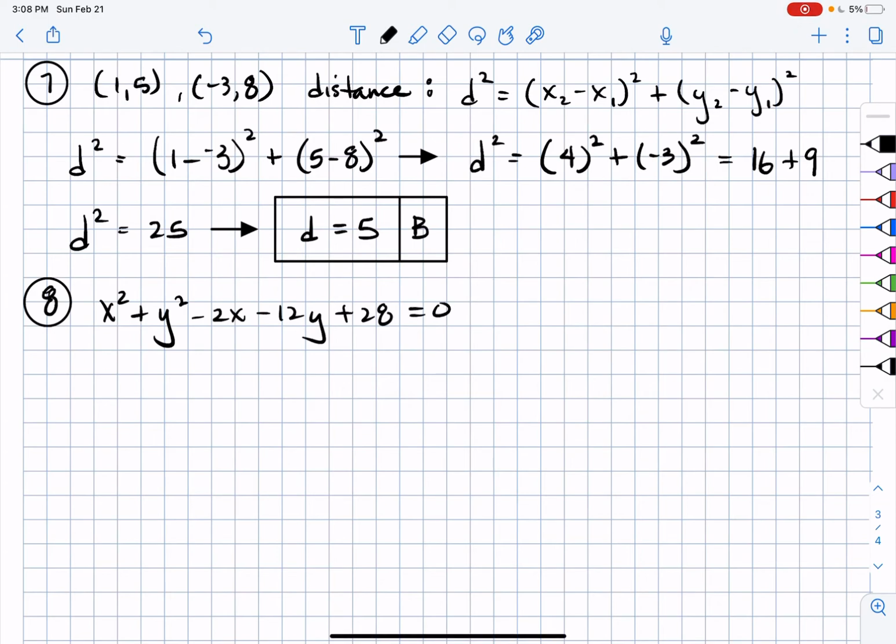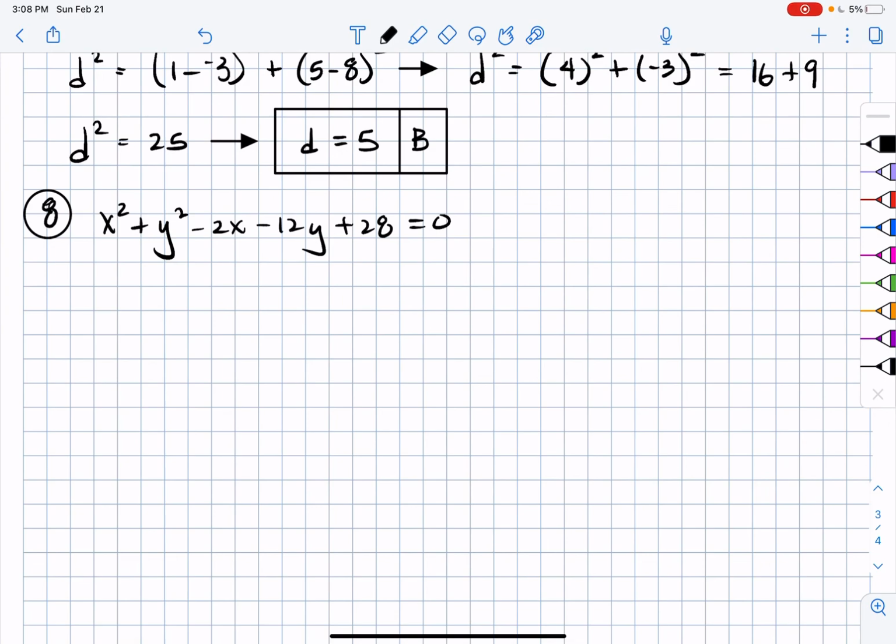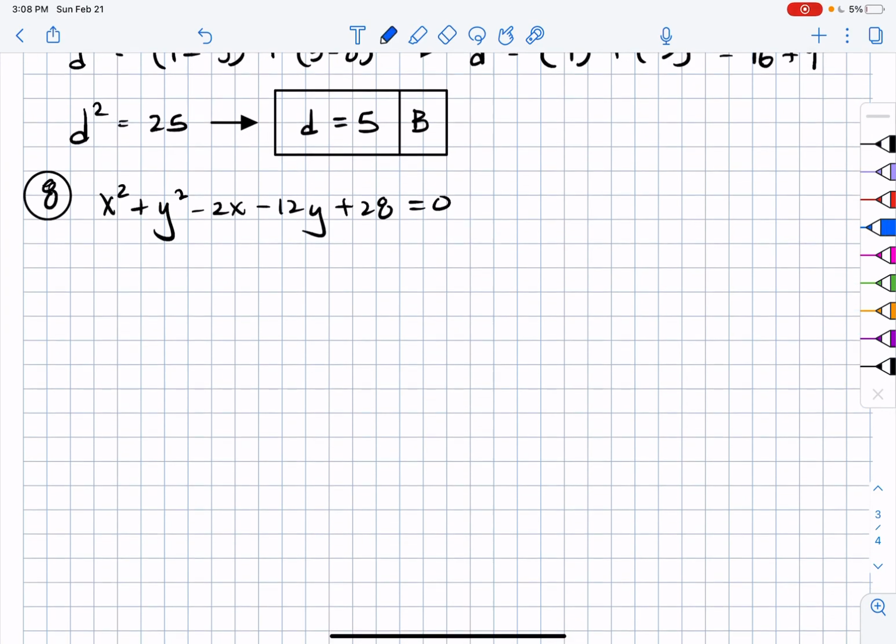So it wants me to pick out the right center and radius. So first thing I gotta do is separate the x's, separate the y's, and bring that 28 over to the other side. So it's going to be negative 28.